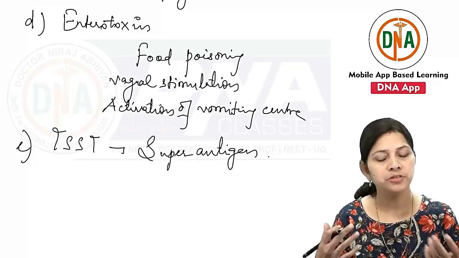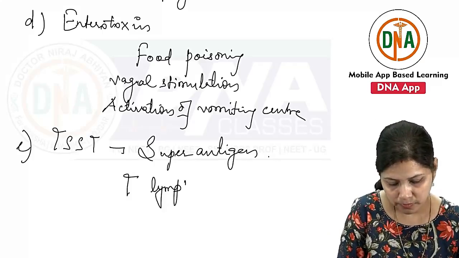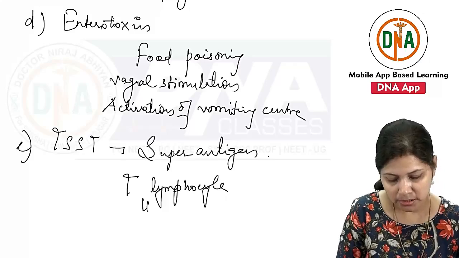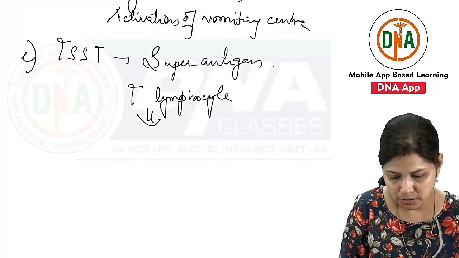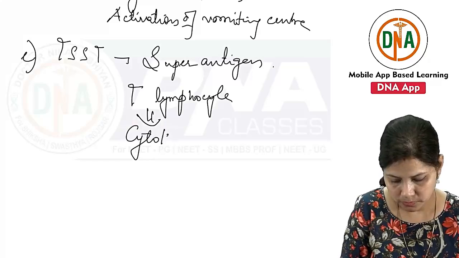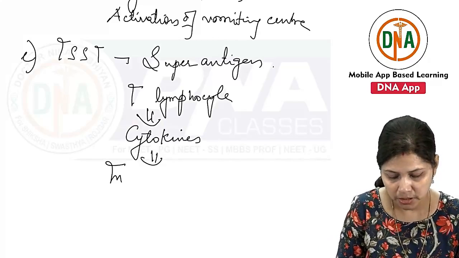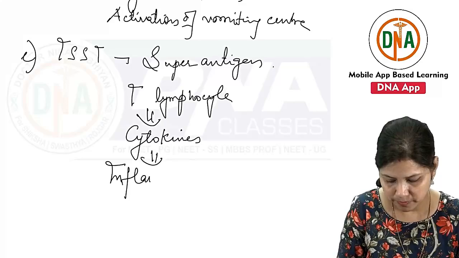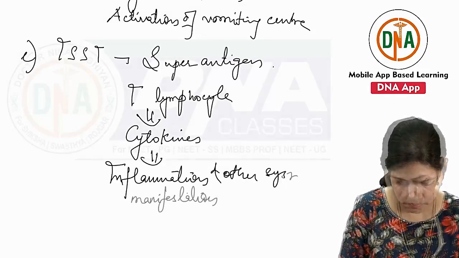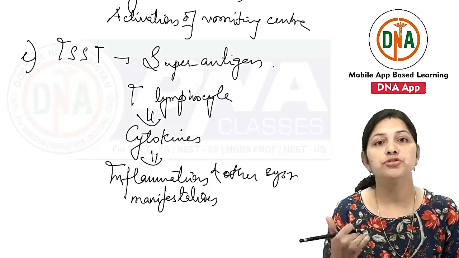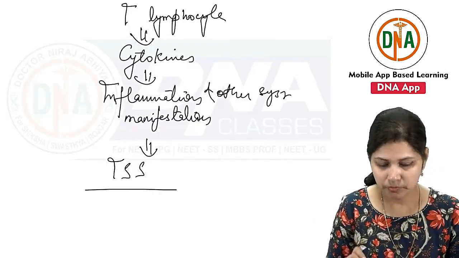And it causes massive stimulation of a large number of T lymphocytes, and there is a production of huge amounts of cytokines, which is associated with huge inflammation and systemic manifestation. So it is classically known as toxic shock syndrome.